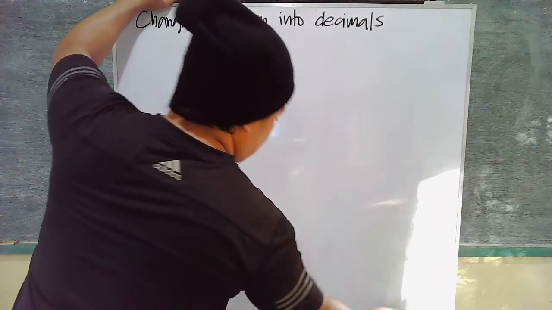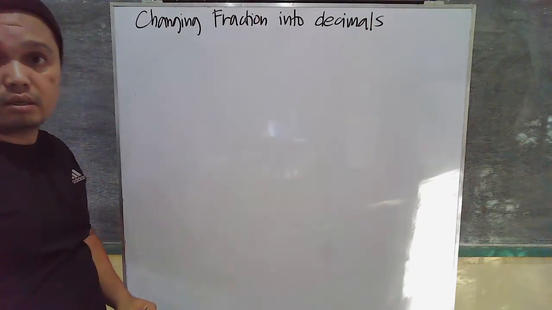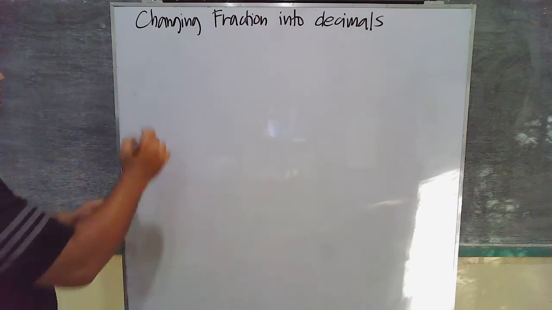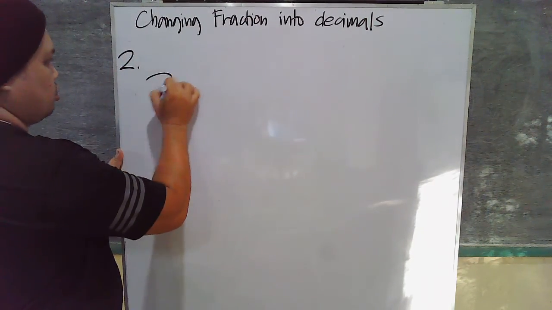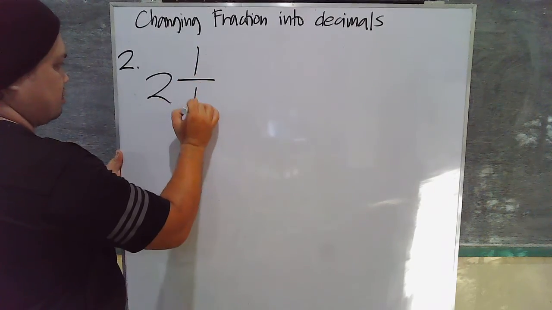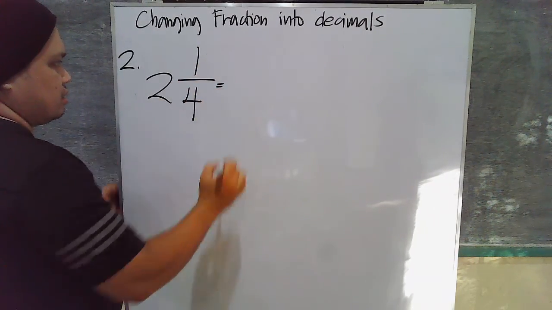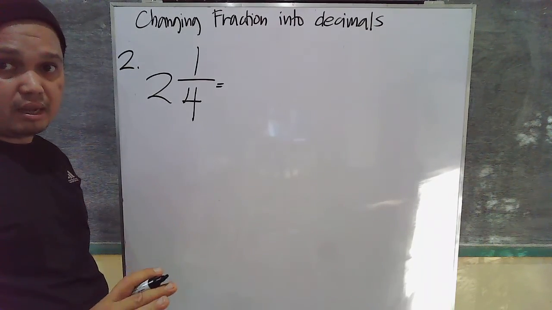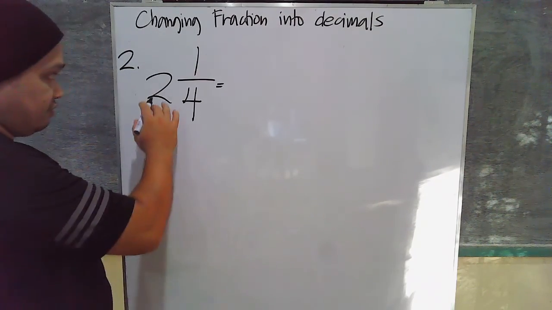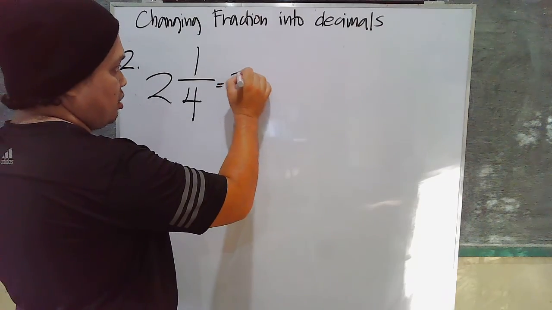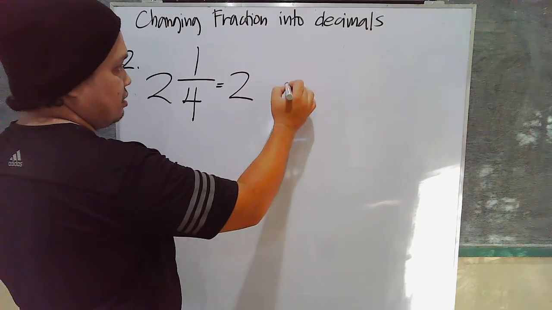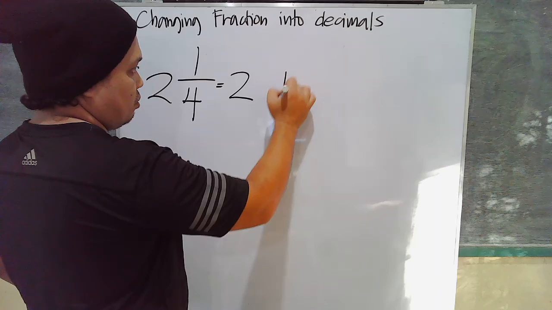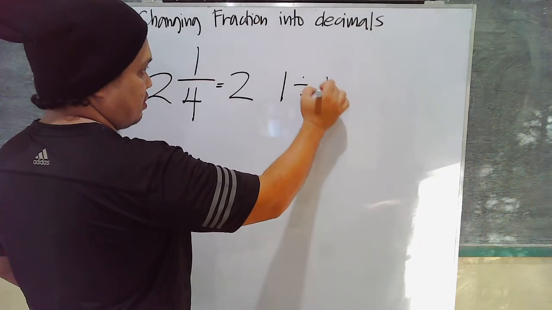Let's have number 2. How about there is a whole number like 2 and 1/4. Okay, how do we change this mixed number into a decimal number? Simple, just leave 2 here as the whole number, and you divide 1 divided by 4.